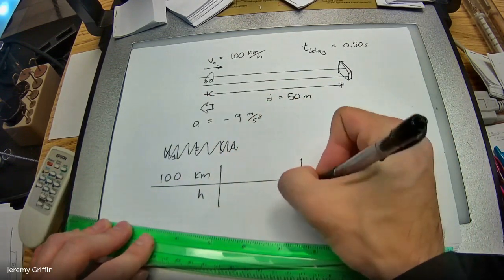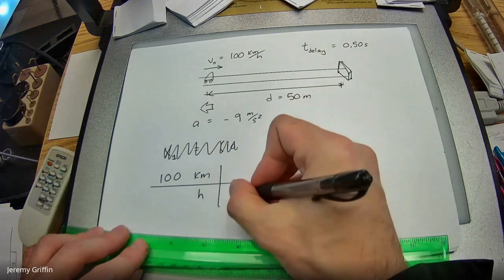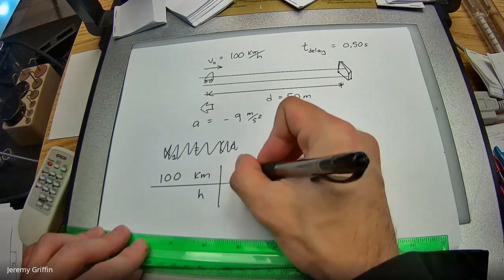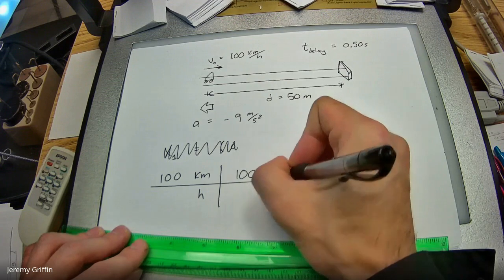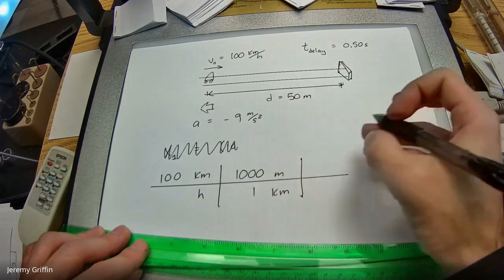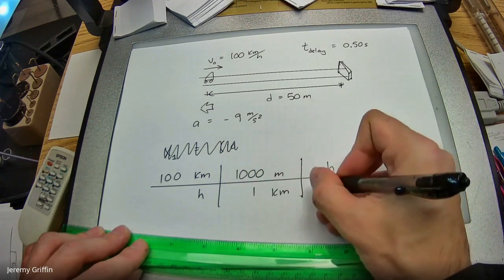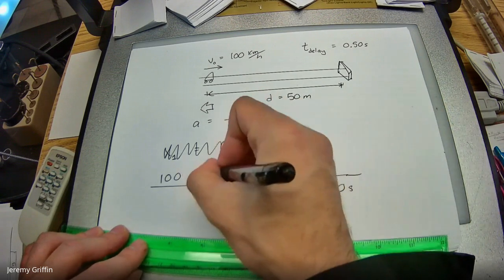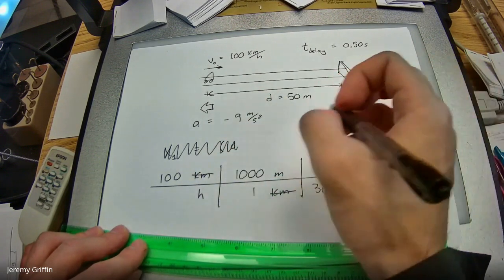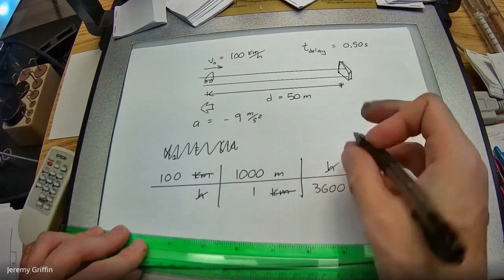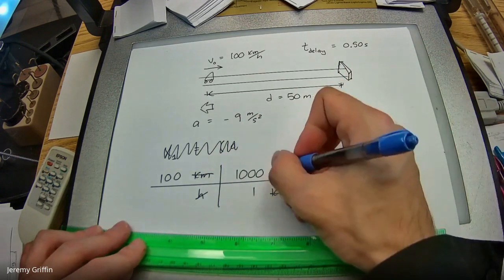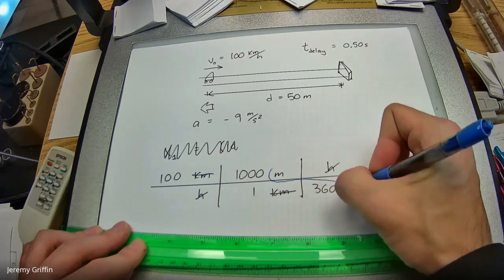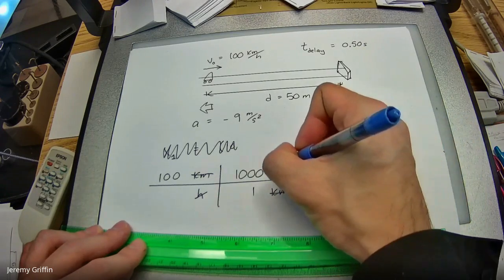What's the equivalent value? Well, I know that there are 1,000 meters in 1 kilometer. I also know that 1 hour is equivalent to 3,600 seconds. Now, kilometers goes goodbye. Hours goes goodbye. And look at the unit left on the board: meters per second. You guys remember doing all this dimensional analysis?